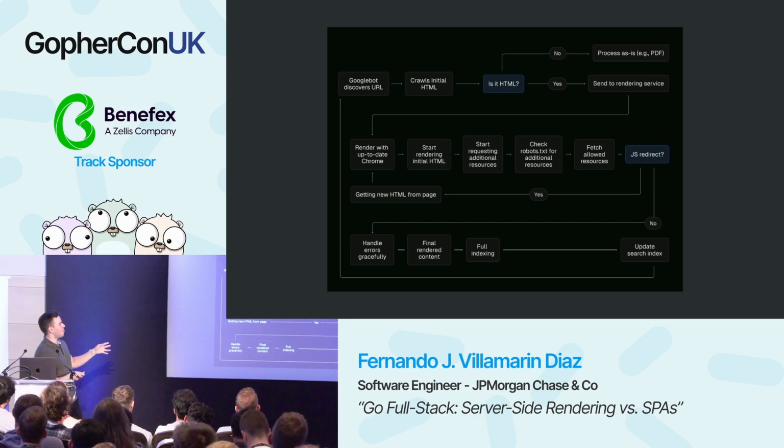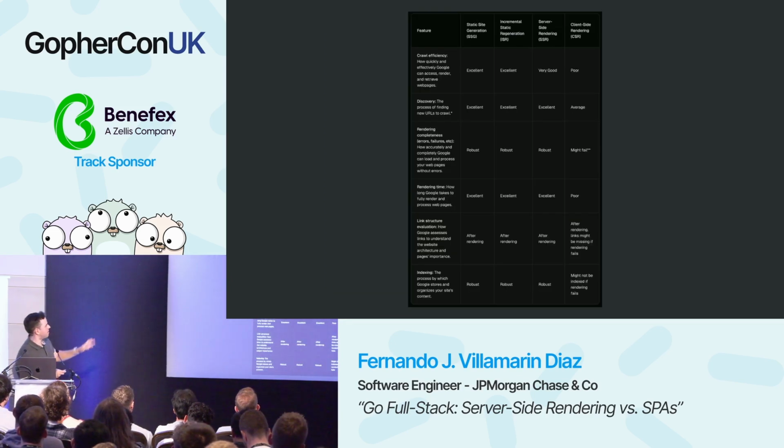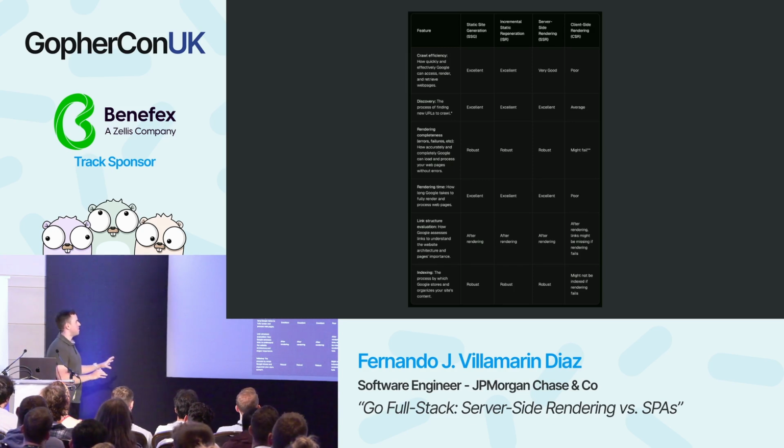And the conclusion they had, it's a very, very hard to read table, but the conclusion is that out of all those, static site generation, that is HTML in an S3 bucket or some repository, that doesn't change, ends up being the best one for SEO.